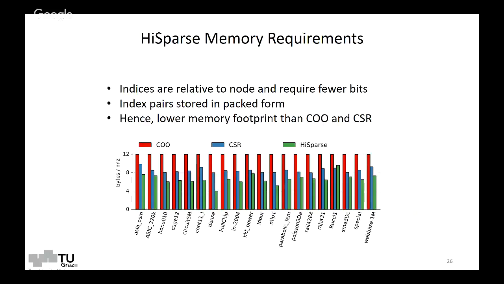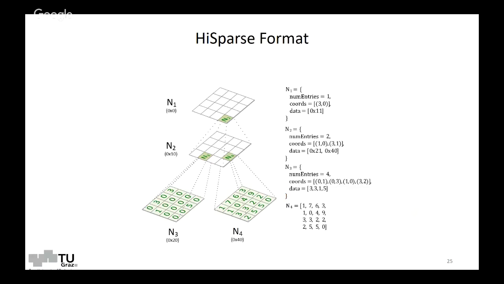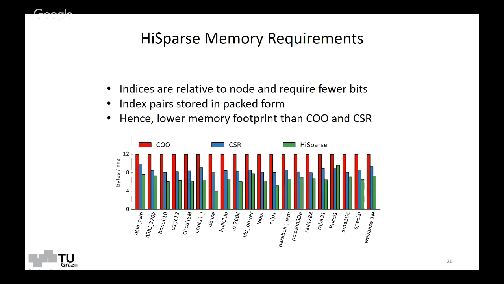In this way, we can handle larger matrices because we don't need so much storage. Why is this the case? Because when we have our nodes, we can reduce the number of bits that we have to store for the coordinates because they are of limited size. This gives an overall reduction in data size, although you store the pointers additionally.